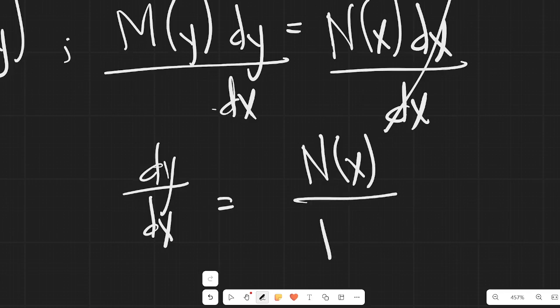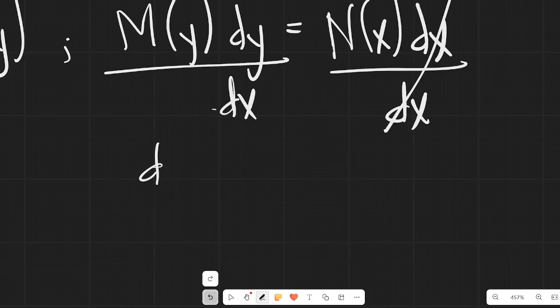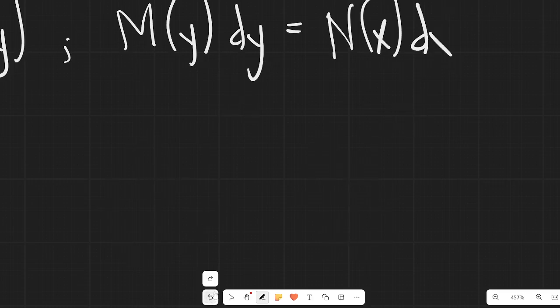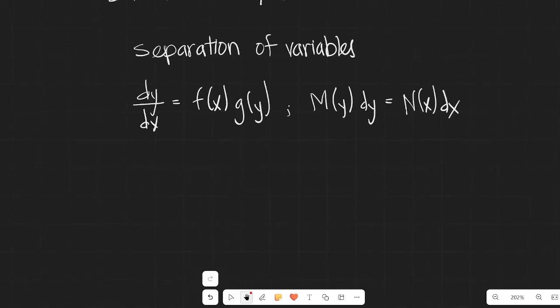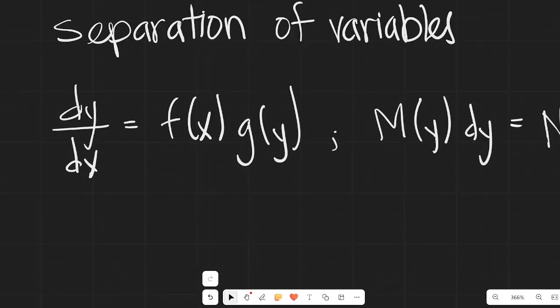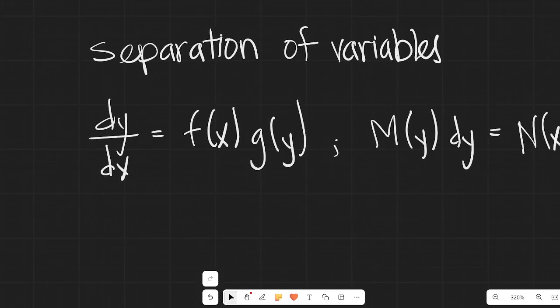You'll get this ratio with the derivative with respect to the independent variable. So either of these two forms lets you know that the first order differential equation is separable.